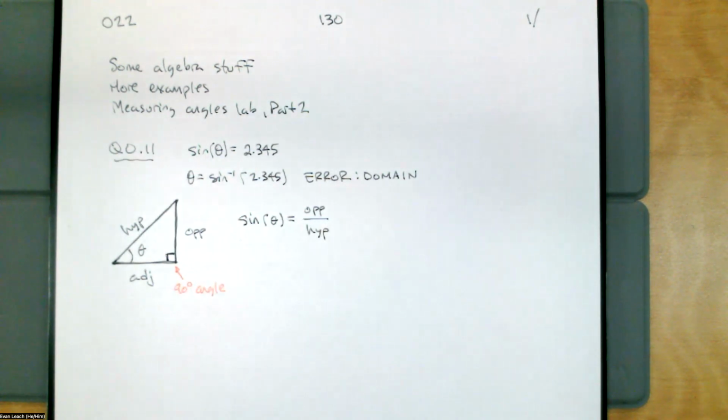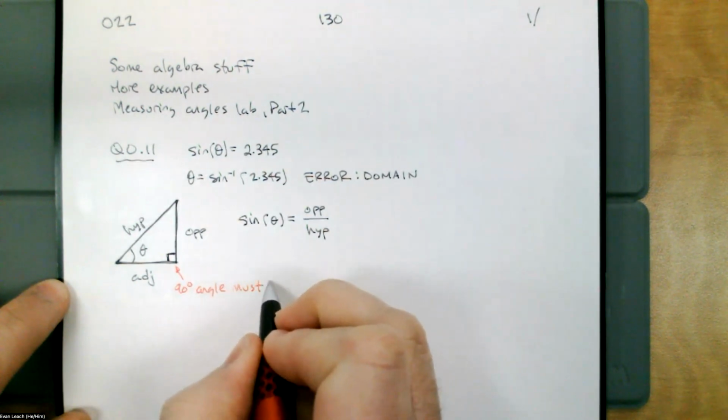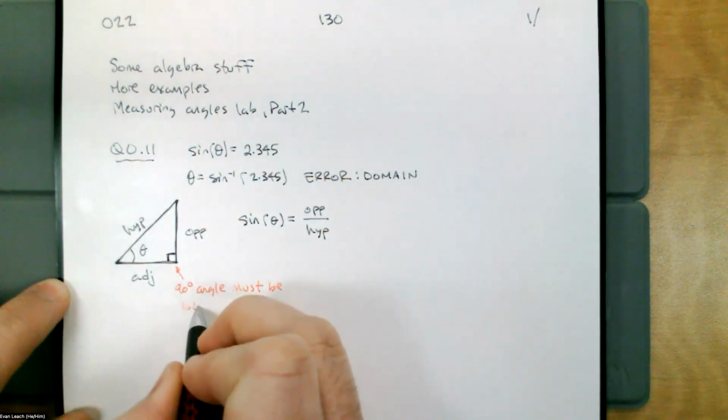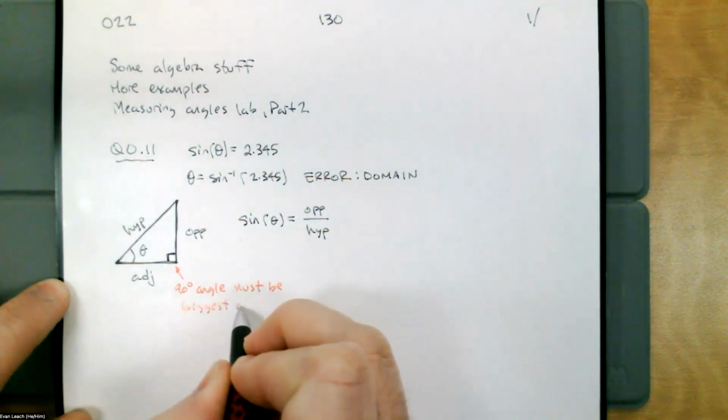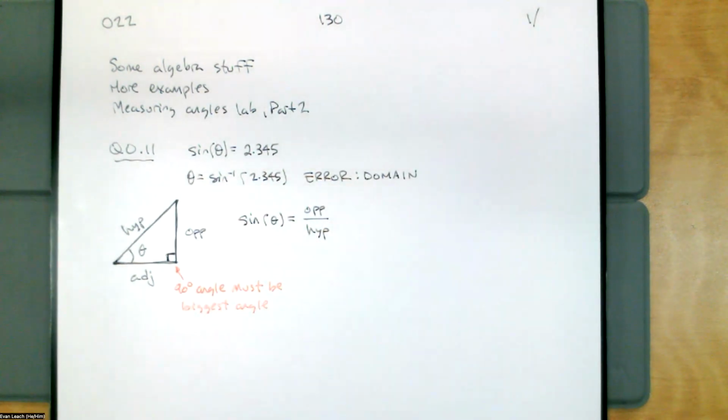That means in a right triangle, the right angle has to be the biggest angle. Any questions? The right angle is always going to be the biggest angle.